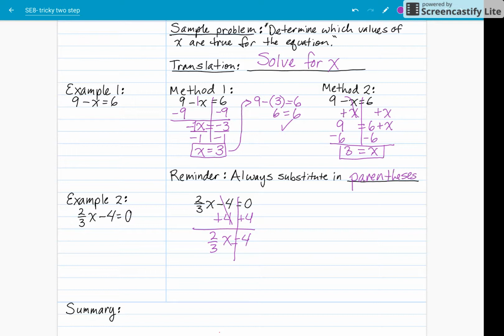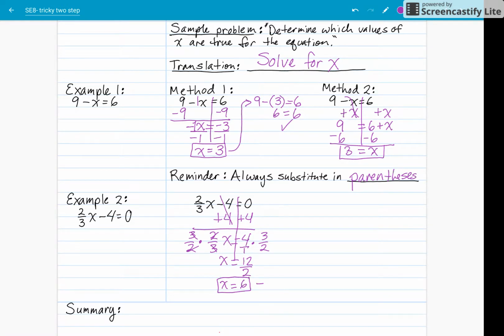This again is a problem you've already solved. Multiply by the reciprocal on both sides. And don't forget, you can always put whole numbers over the number 1 to make your multiplication easier. x is then equal to 12/2, which we know we can reduce to 6.